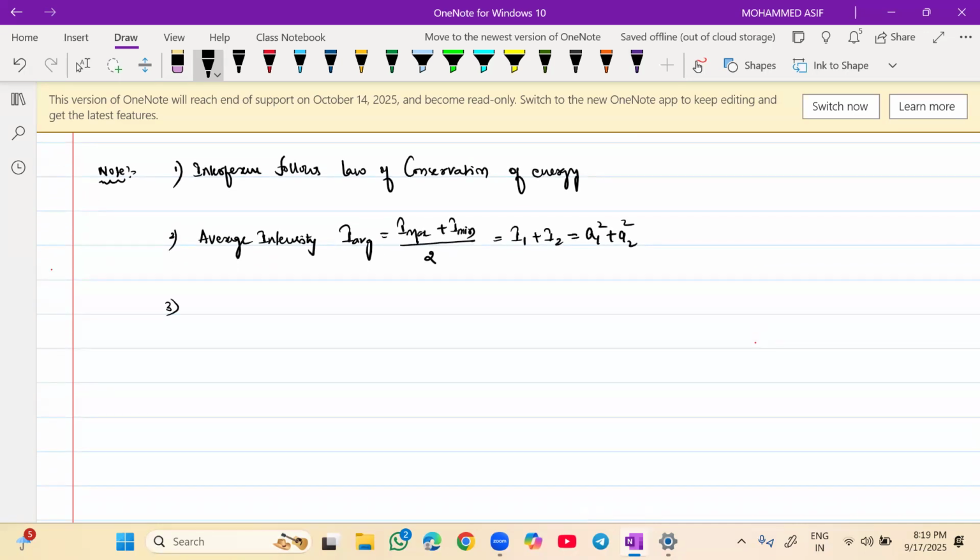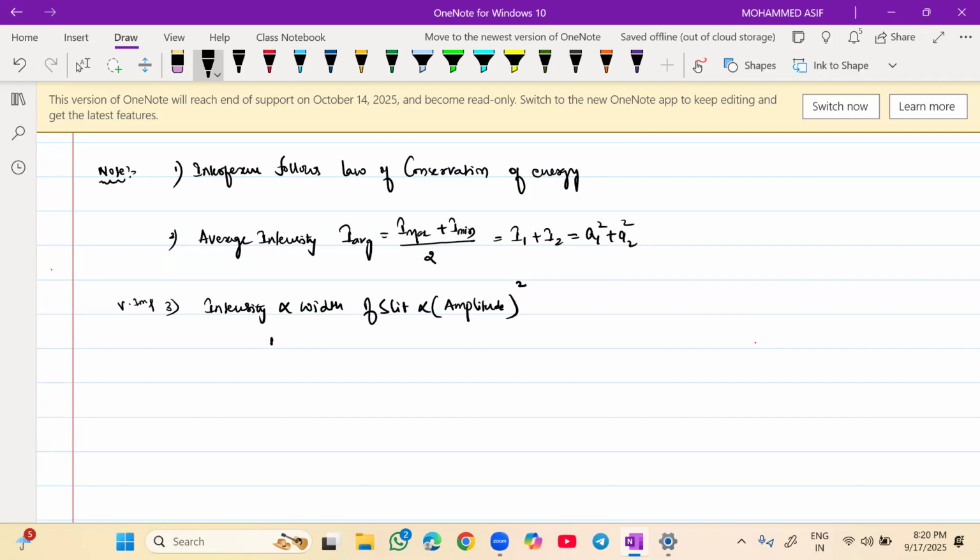And the third one, this is very important for doing numericals. Intensity of light is directly proportional to the width of the slit. Width of the slit is directly proportional to the square of the amplitude.